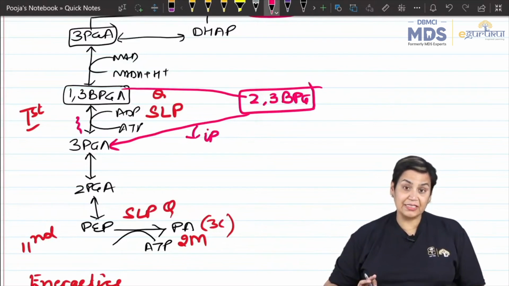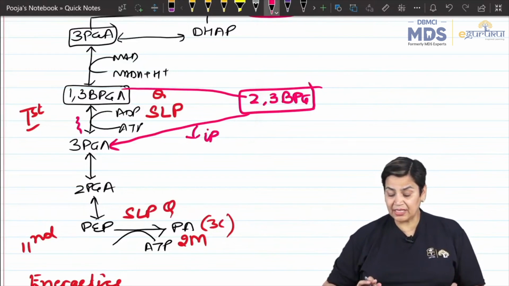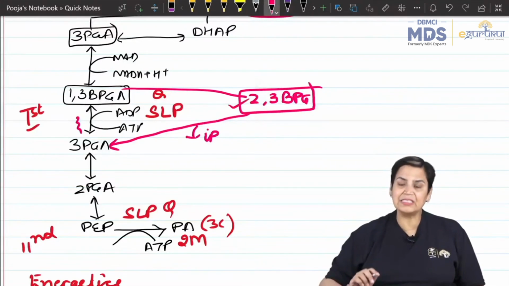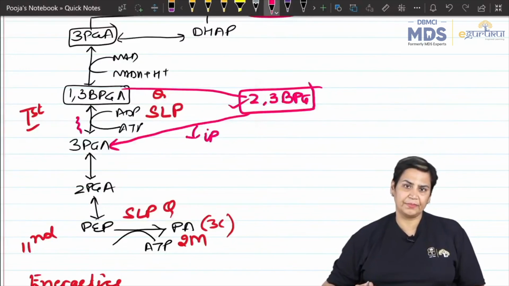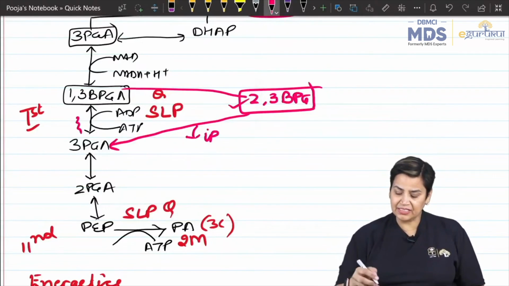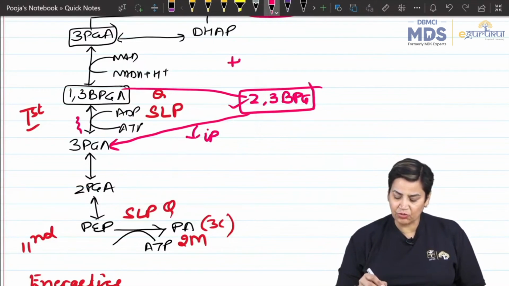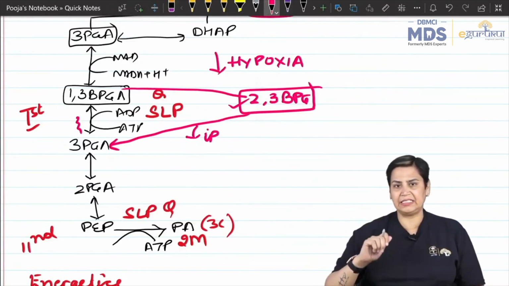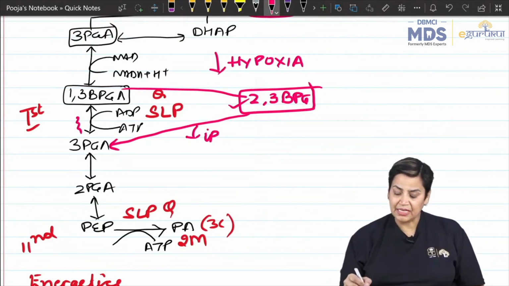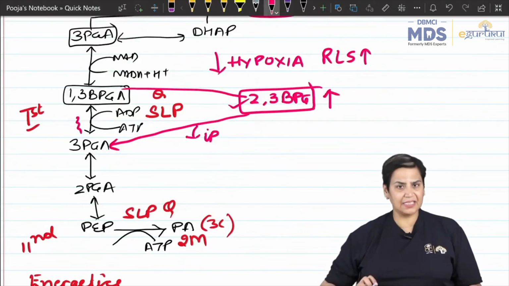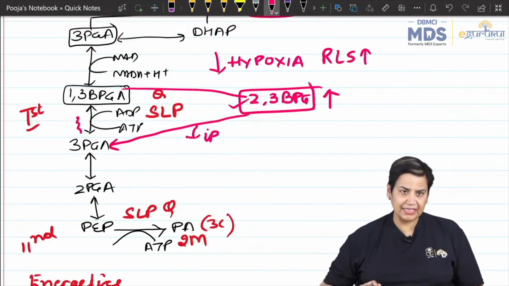Now the question which might strike your mind is, what is the significance of this 2,3-BPG? The significance is it plays a very important role in hypoxia. In hypoxia, the level of oxygen decreases. So what happens is this RLS will increase. RLS is the Rapoport-Luebering shunt, it will increase.